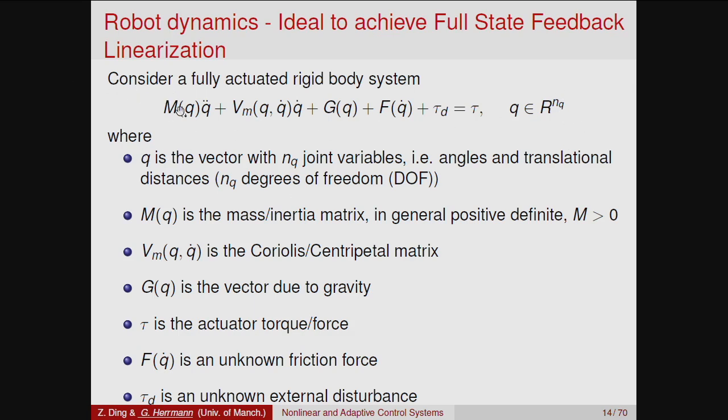So M is an nq times nq matrix, and V is also an nq times nq matrix, and G is a vector, and F is a vector, and tau is a vector, which affects all our degrees of freedom.